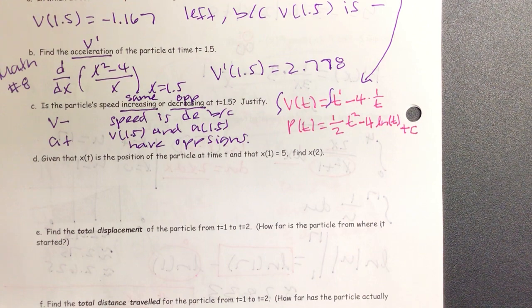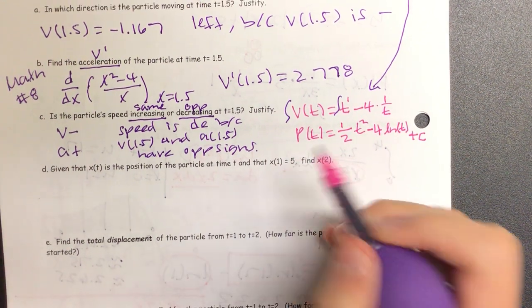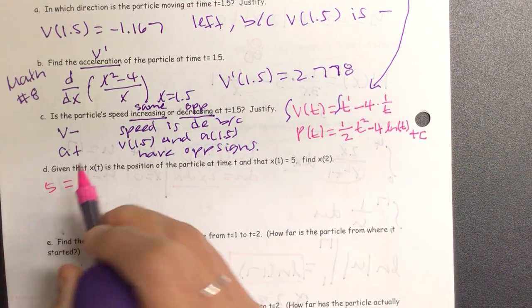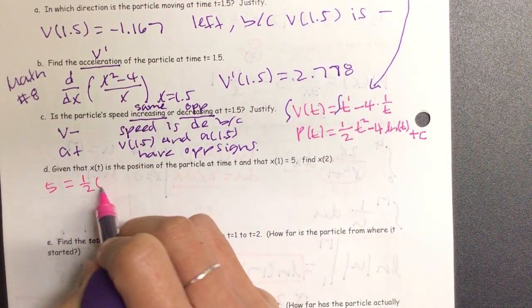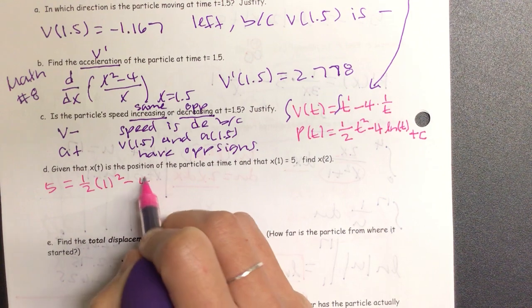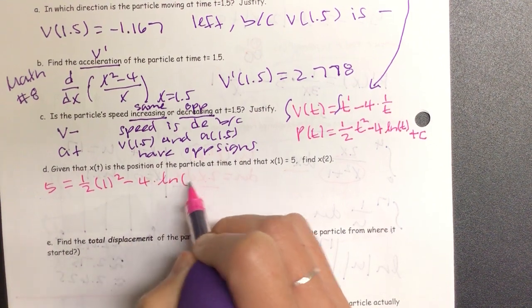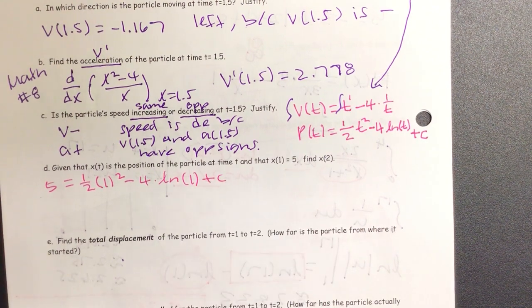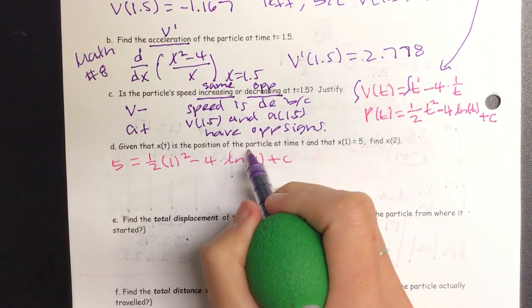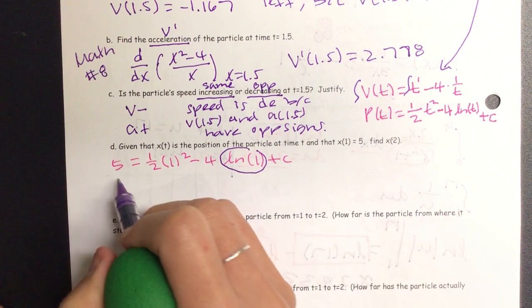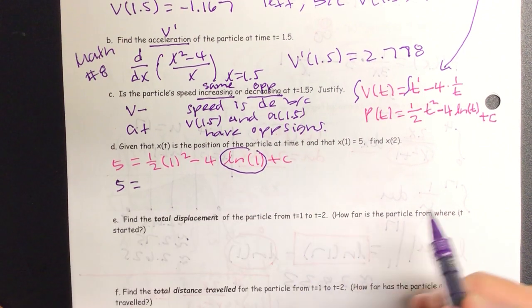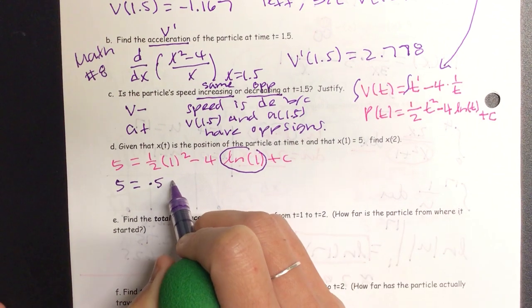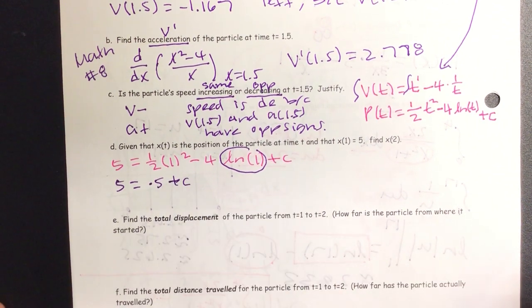Part D says the following. We know the particle is at 5, so let's write 5 equals, plugging in 1 for our t value, 1/2 times 1 squared minus 4 natural log of 1 plus c. What do I know about the natural log of 1? 0. So in the end I have 5 equals 0.5 plus c.